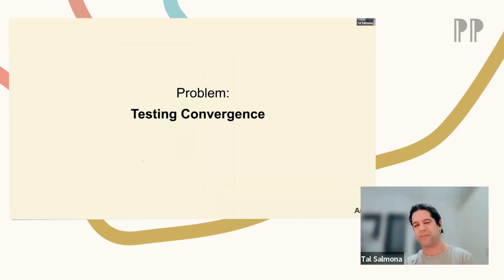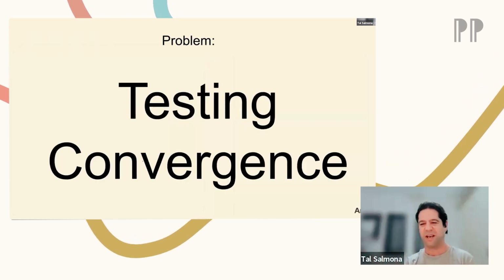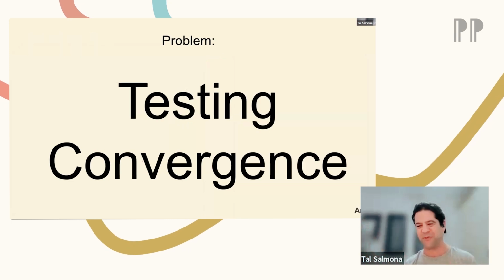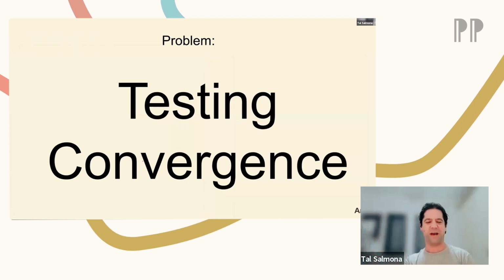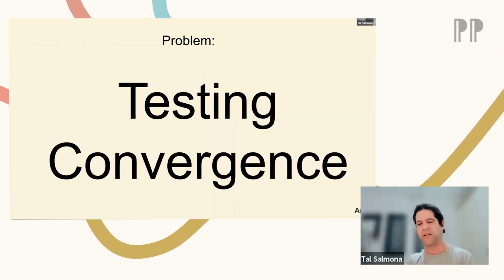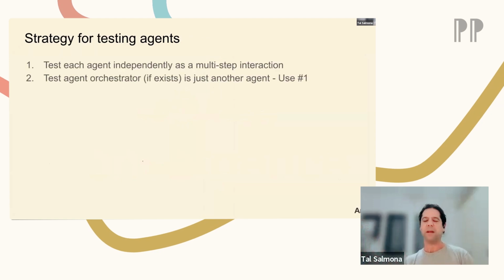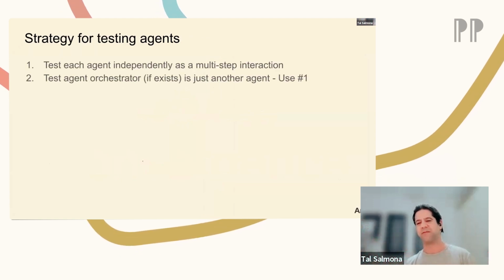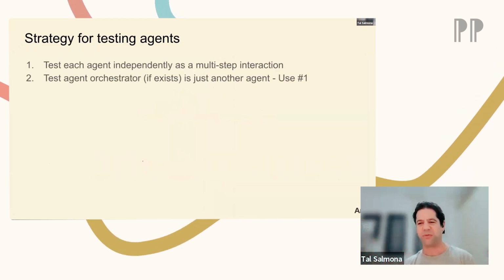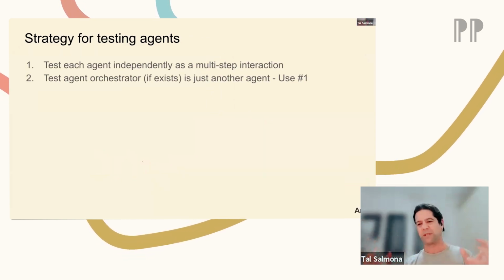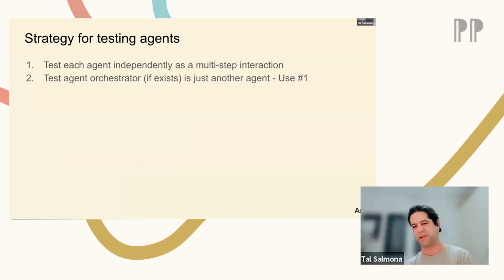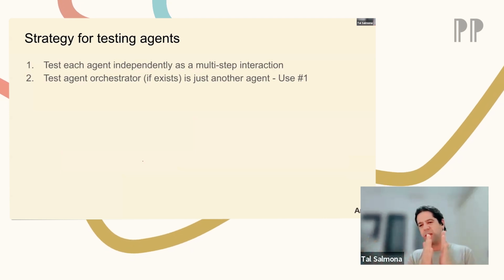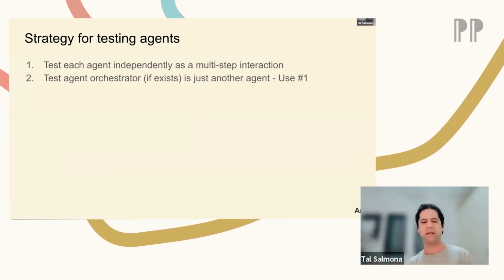So if before we had a problem of testing divergence, now we have a problem of testing convergence, right? Because it's a much more unpredictable path that our agents will take. But if we again use the tools that we already know, we can break up the system in a way that we test each agent independently as if it was a multi-step interaction, as we saw before, because each agent has a very specific task.